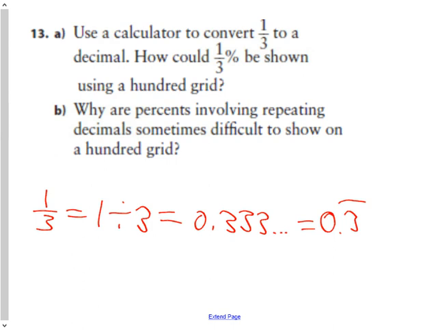However, how could 1/3 be shown on a hundredths grid? So 1/3 of a percent is different. 1/3 does not equal 1/3 of a percent. They're different altogether. This is 33.3%, and this is less than 1%.